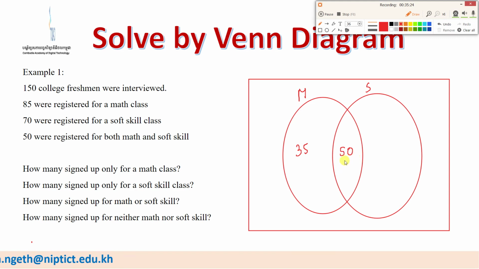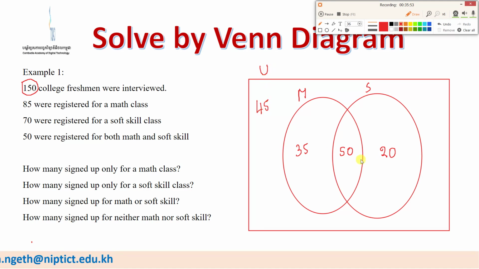So 70 minus 50 is 20. So this one is 20. So you can count. This one is 100 and 105, but our total is 150. So this one is 45 for our U.